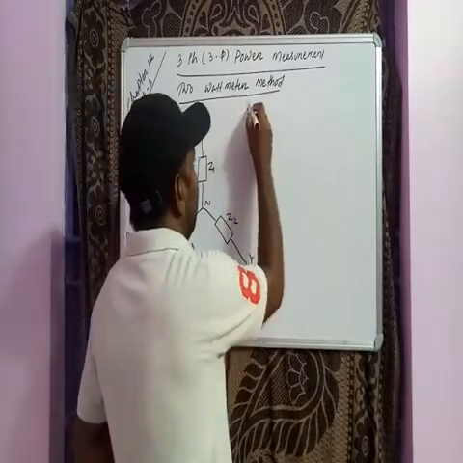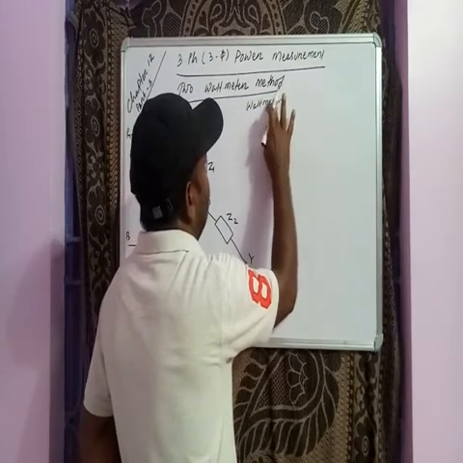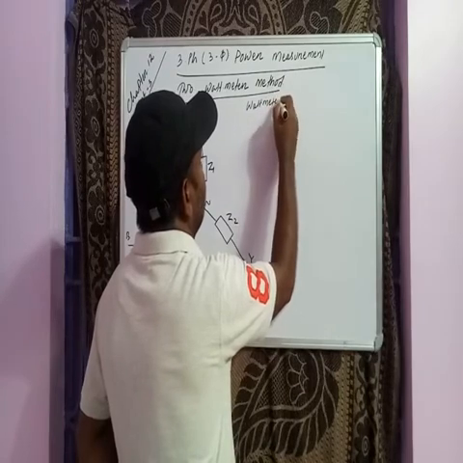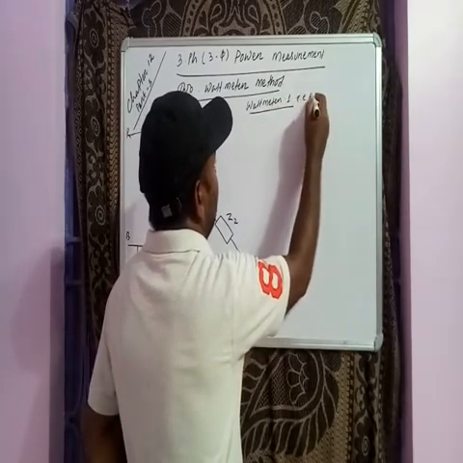So this is 3-phase load, this is the neutral point. So first we will go for wattmeter 1, that is your W1.